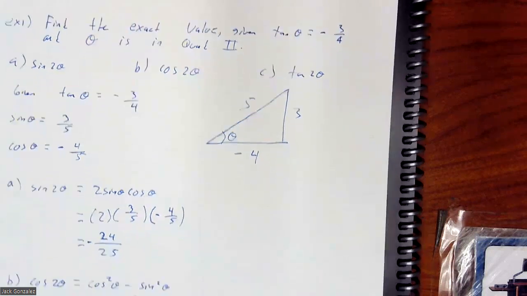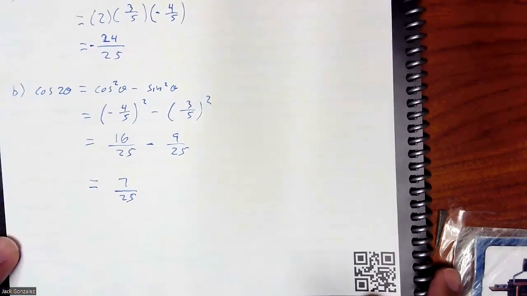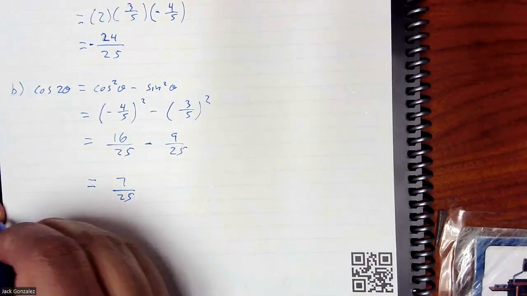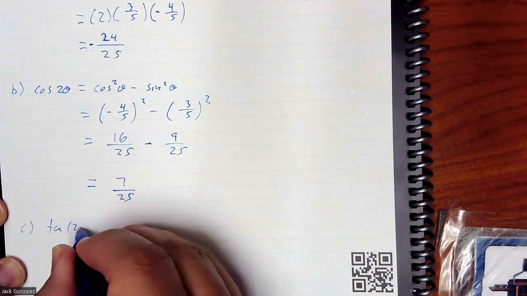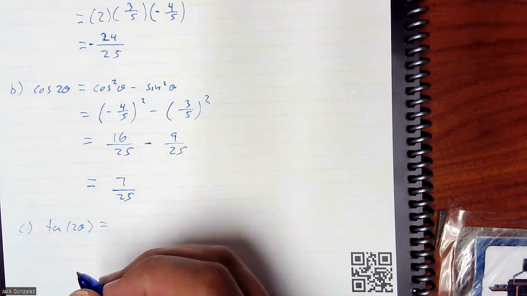You guys cool on example 1? Oh, yeah, that's right. C was 10, right? Okay, what is tangent? I don't remember.